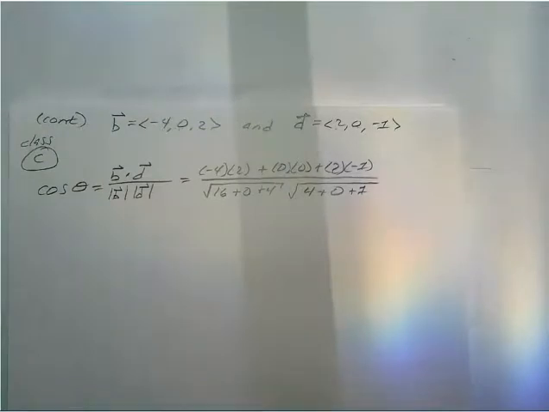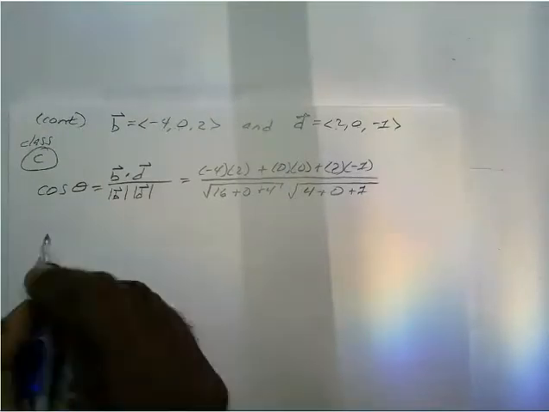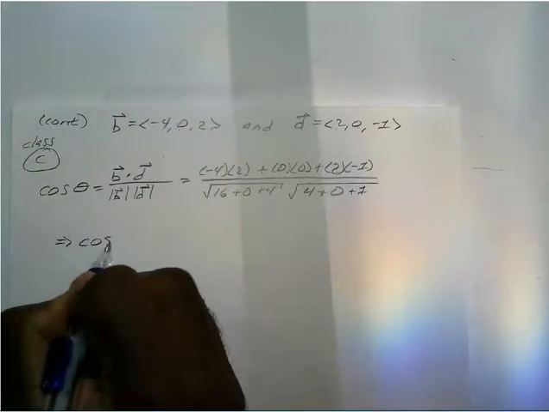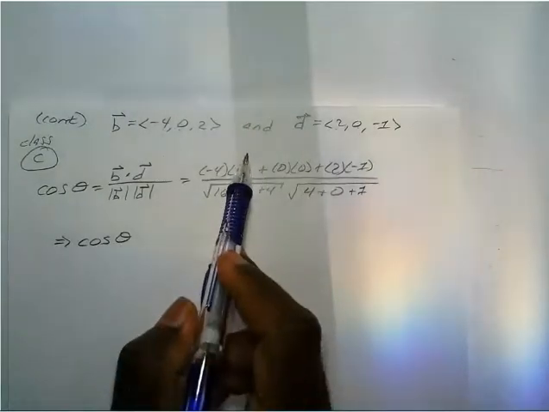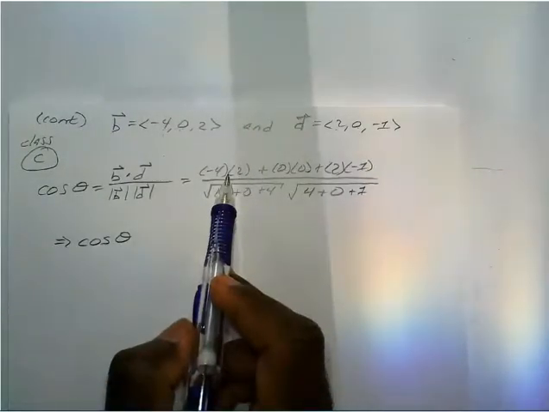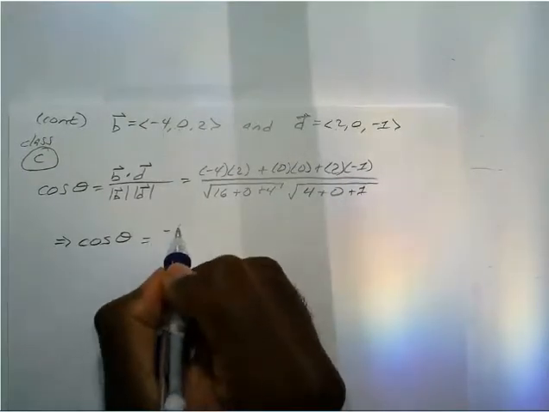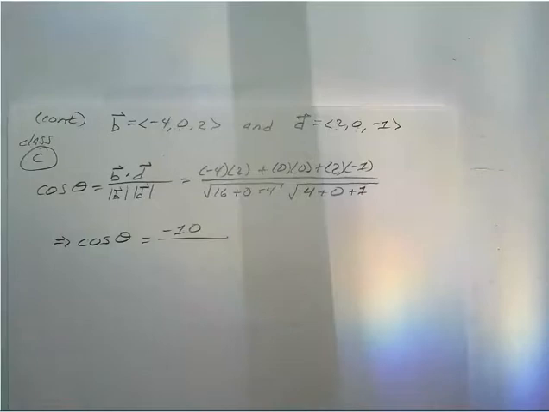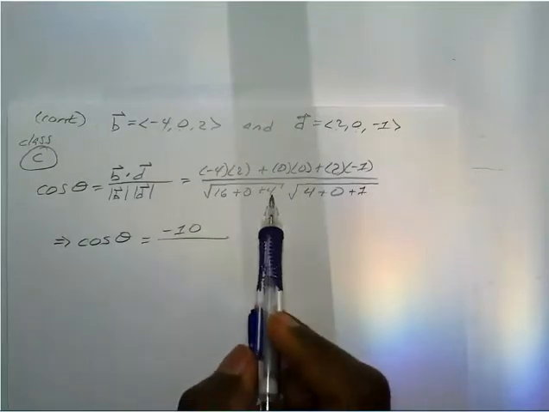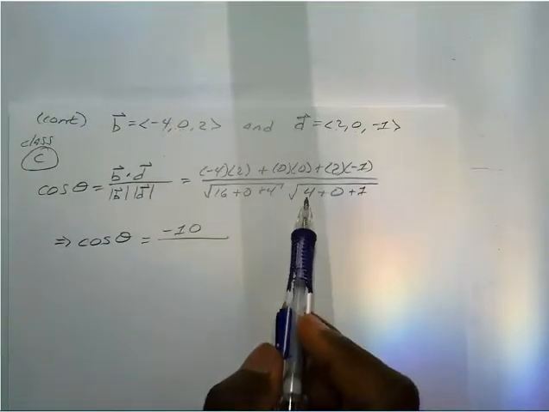Okay, so hopefully you are on the right track. So that means that cosine of theta is equal to negative 8 minus 2, which is negative 10, all over square root of 20 times square root of 5.